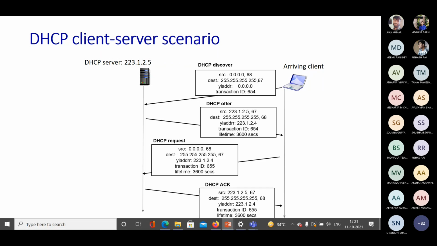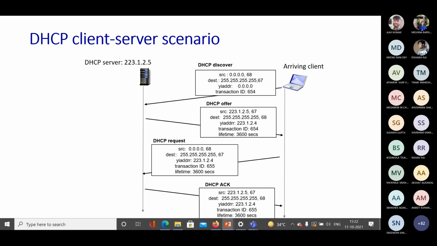But if the server offers the same IP address to a large number of clients, that will only be the situation when there are a large number of clients getting added to the network at the same time, and the server has only one IP address at that time, right? Yes, ma'am. Okay.